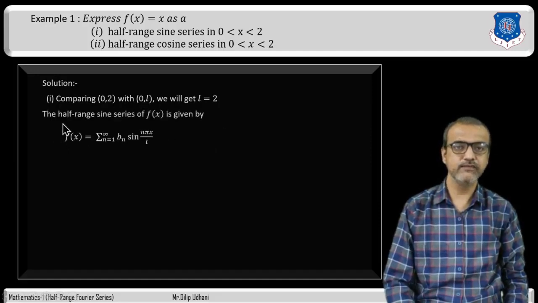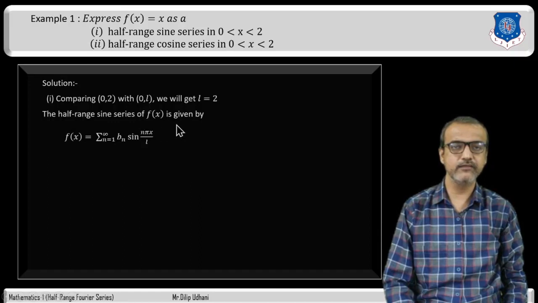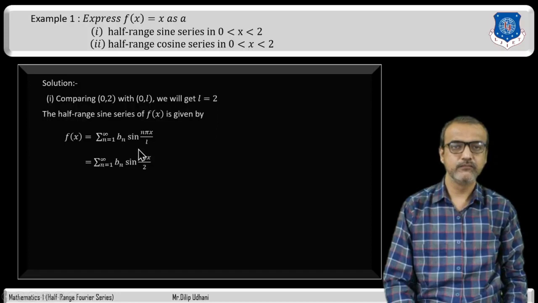First of all, we will see the half-range sine series of the function, given by f of x equals sigma n from 1 to infinity bn sin n pi x by L. Now we replace L by 2, so we have sigma n from 1 to infinity bn sin n pi x by 2.